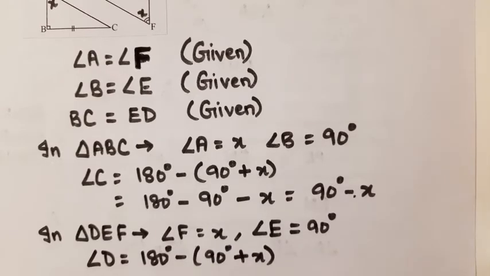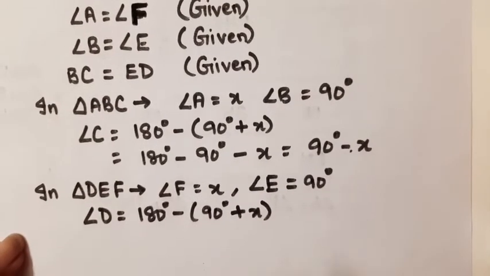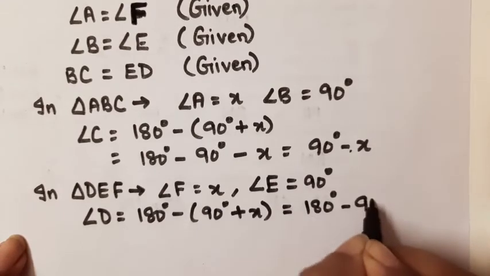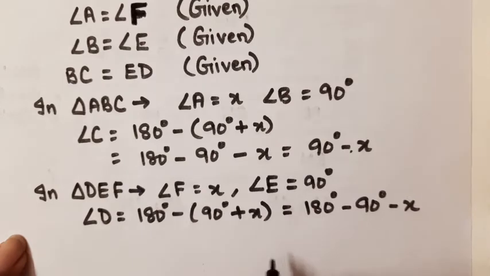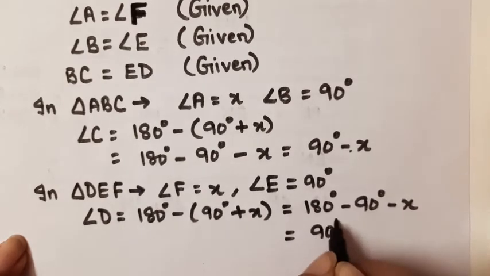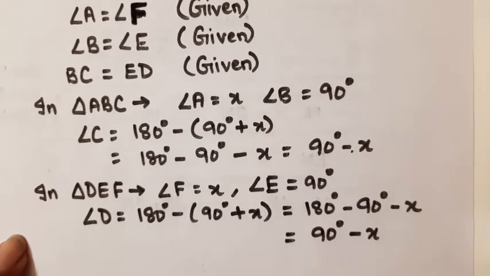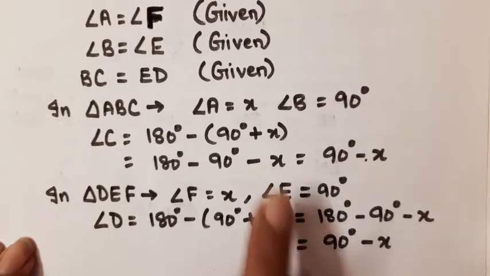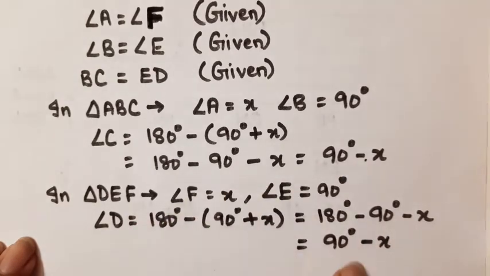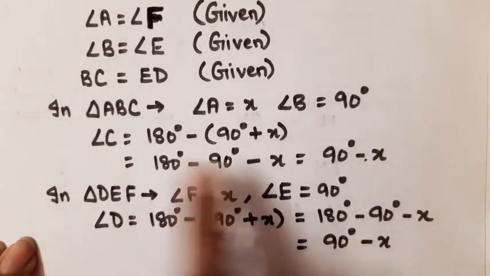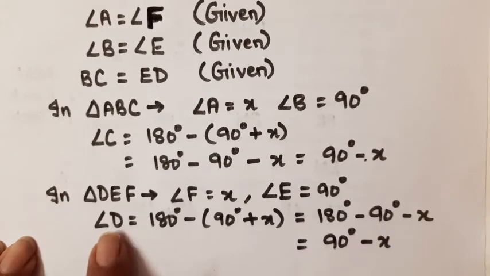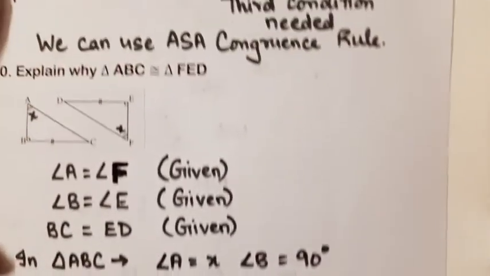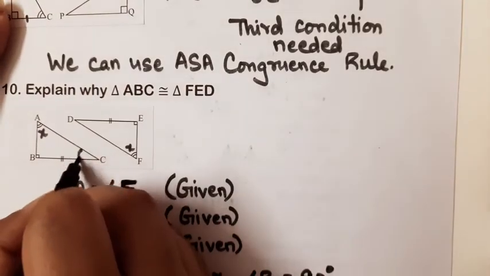We are finding the third angle of the triangle by applying the angle sum property, and the answer is 90 degree minus x. Now if you observe in the two given triangles, angle C is equal to angle D. Angle C of the triangle ABC is equal to angle D of the triangle DEF. That means we can mark them equal.